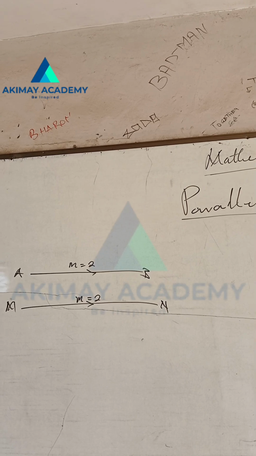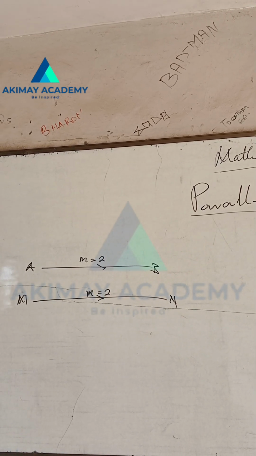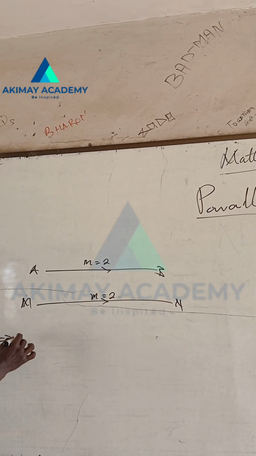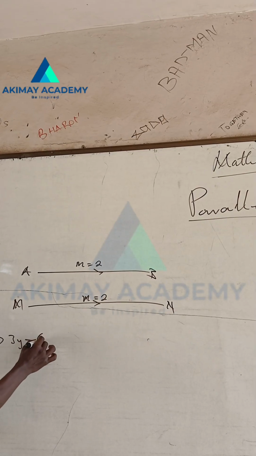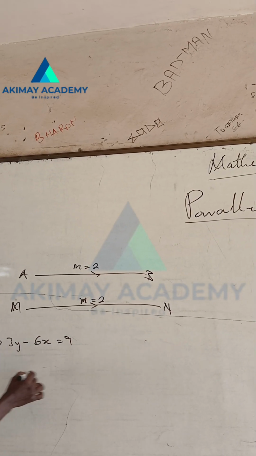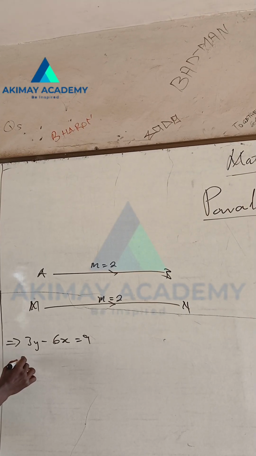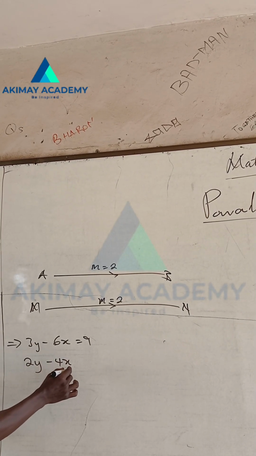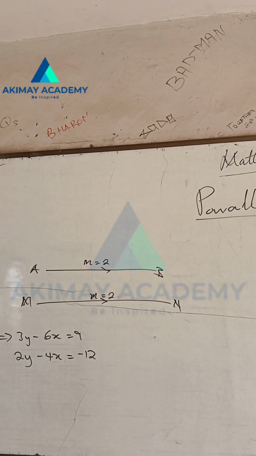Now let's take a typical example of it. We have these two lines: 3y minus 6x equals 9, and let's say 2y minus 4x equals, let's say, negative 12.